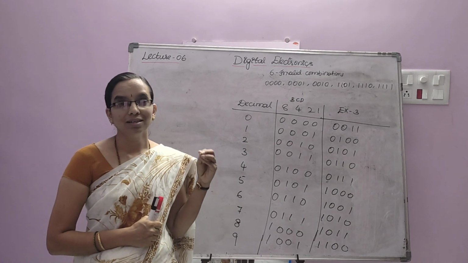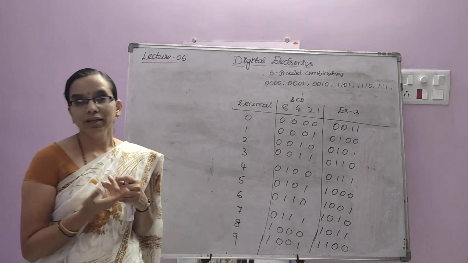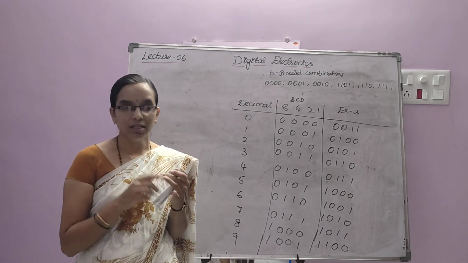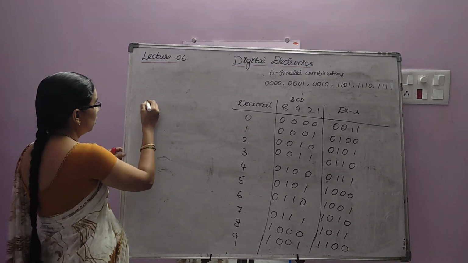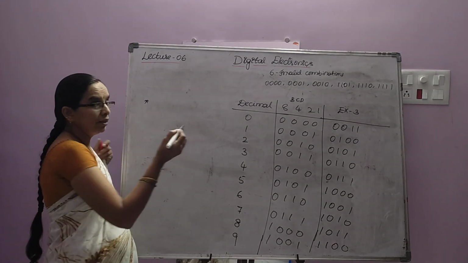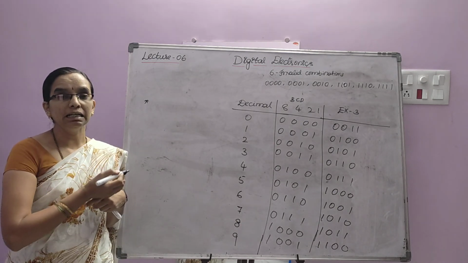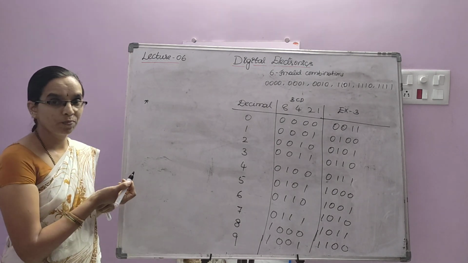How to check whether it is self-complementing or not? One, complement. How to take the complement, that we already know. That is the first condition, whether it is self-complementing or not. The complement of the number should be obtained by interchanging ones and zeros.